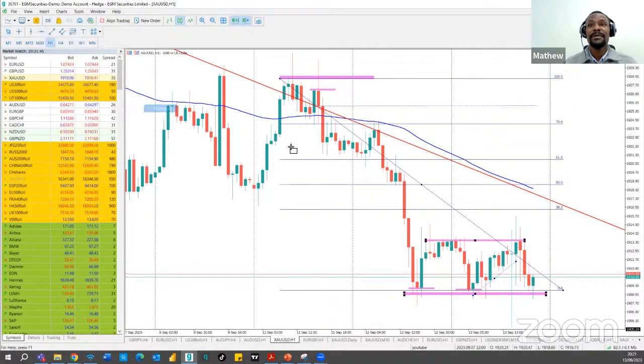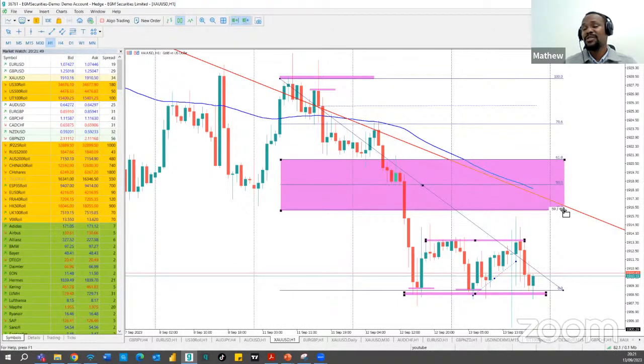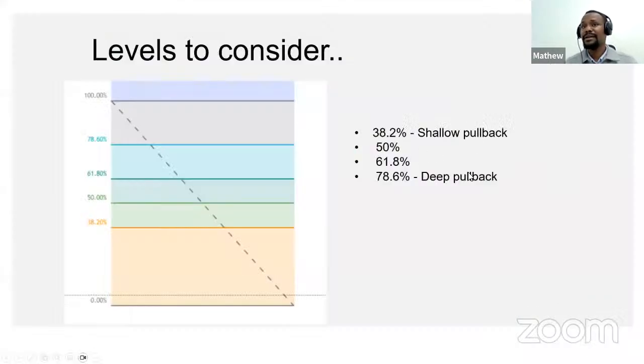so let me look at the shapes. So we're looking for those zones in between that 38.2 or 50%, okay, for a proper confirmation to the downside. There's a point on the chart where I talked about shallow pullback and deep pullback. That 38.2 is a shallow pullback, yes.